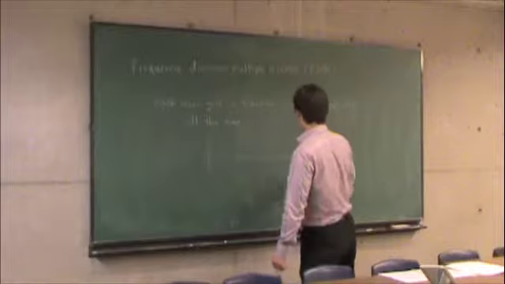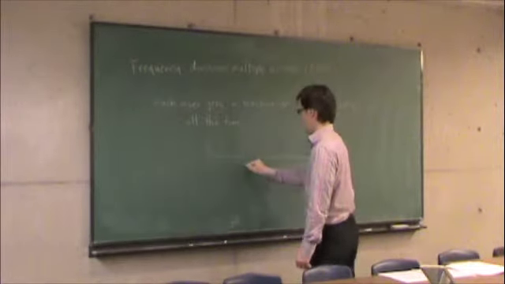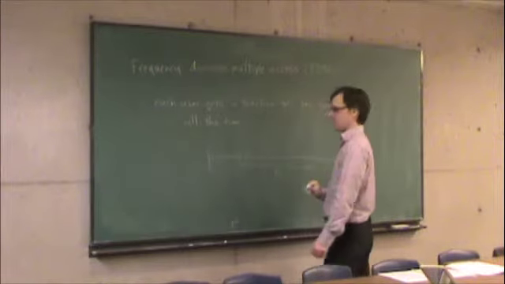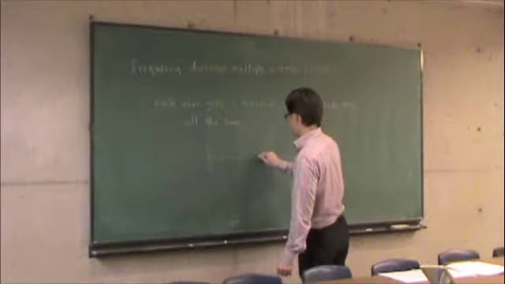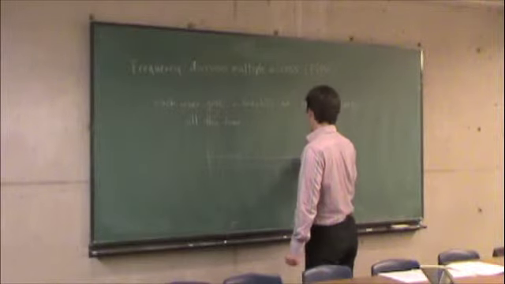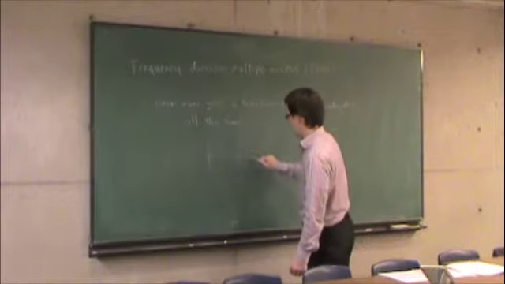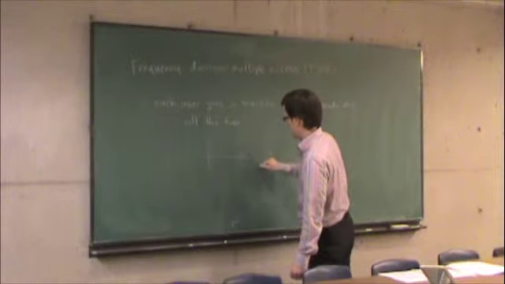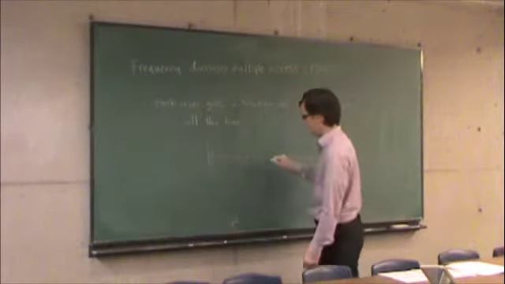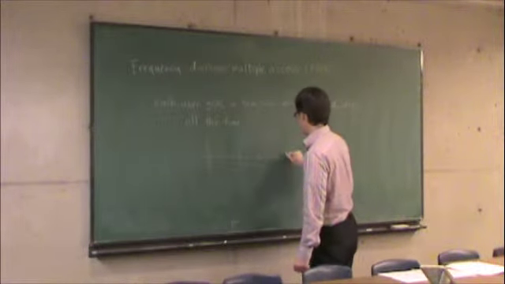So here's my available bandwidth, let's say. And I have 5 users, let's say. So there's 5 equally sized chunks. And what I'm going to do is allocate each chunk to each user, but there's going to be a guard band built in.